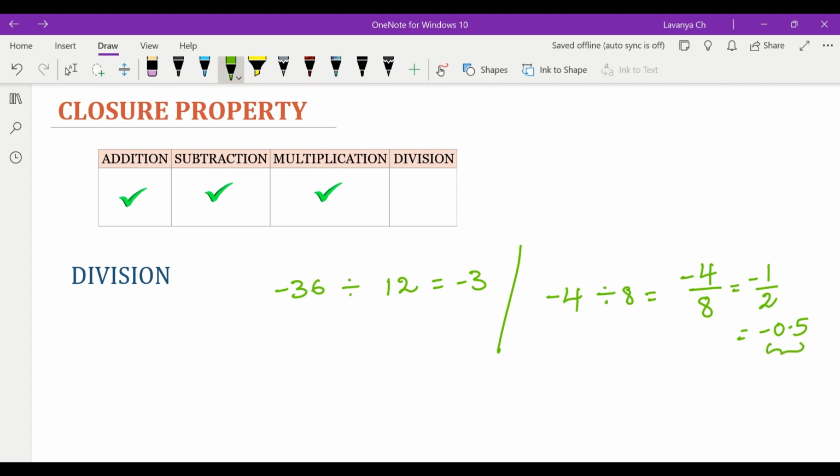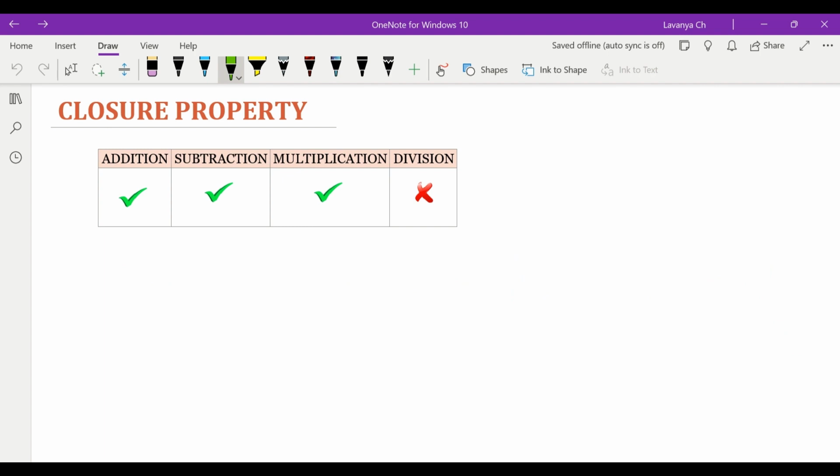Integers don't have decimals in them, so this cannot be an integer. Negative 0.5 is not an integer. So while performing division on two different integers, the quotient may or may not be an integer, because of which we can tell that the closure property doesn't hold for division of integers. To summarize, the closure property holds for addition, subtraction and multiplication of integers, but it doesn't hold for division of integers.